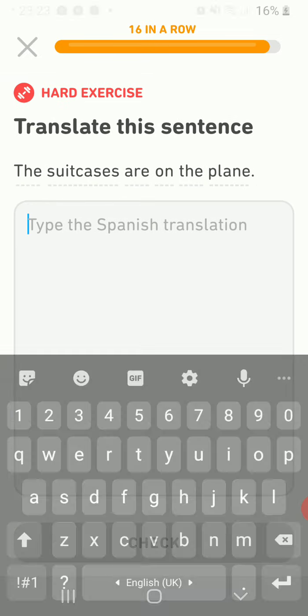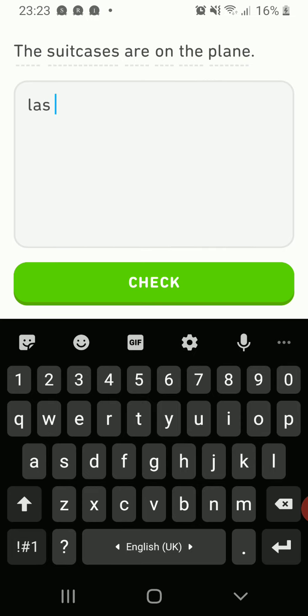The suitcases are on the plane. So las maletas. This is how you say suitcases. So están. Why do we say están? Because we're not describing las maletas. Están. We're talking about their state or where they are right now.